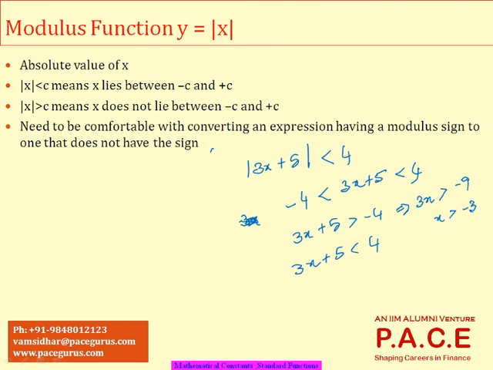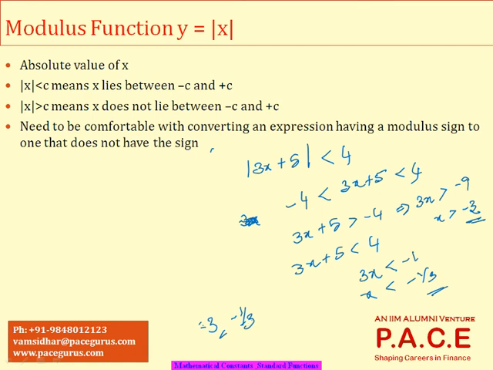And here I can write 3x less than minus 1, so x is less than minus 1 by 3. So I can say x lies between minus 3 and minus 1 by 3.